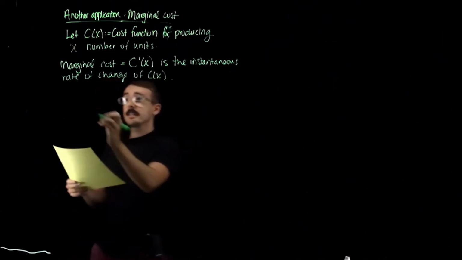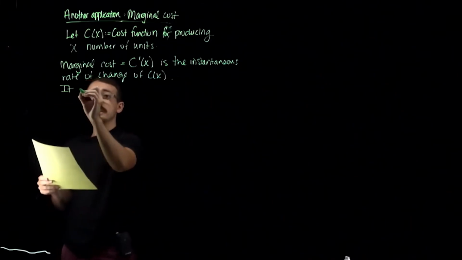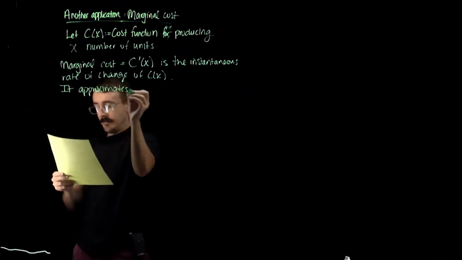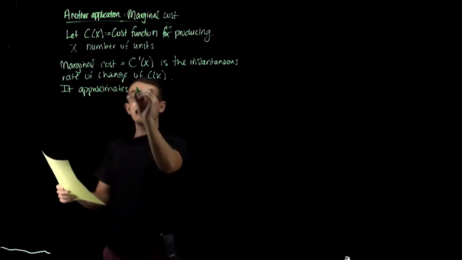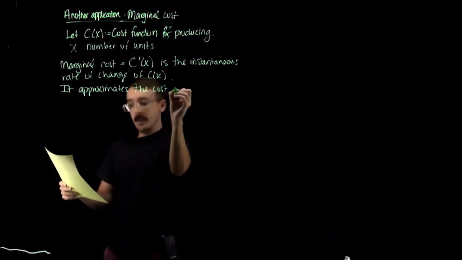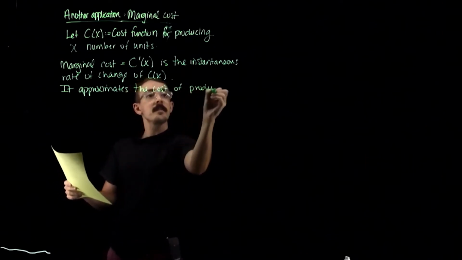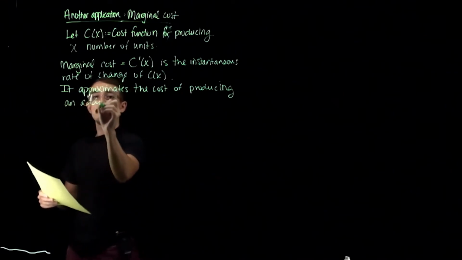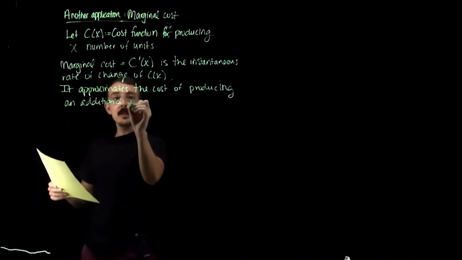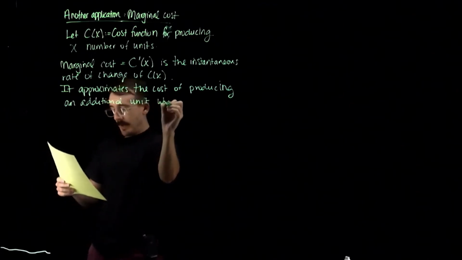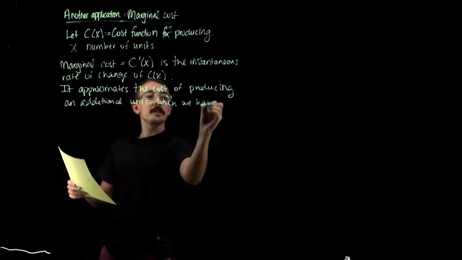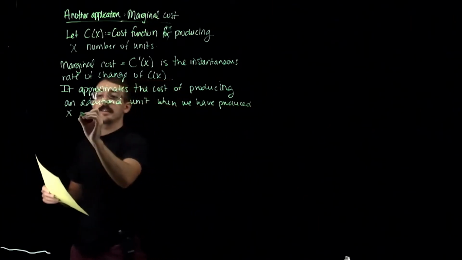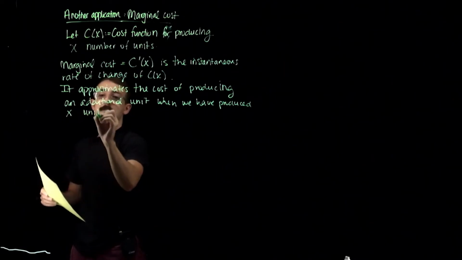So what the marginal cost does is approximate the cost of producing an additional unit when we have produced x units already.